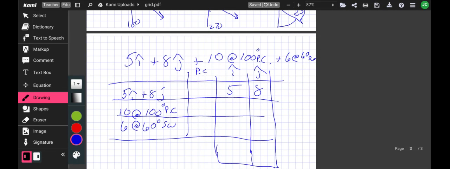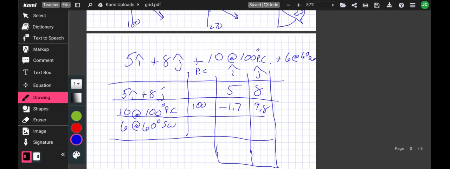The PC angle is 100. And so the i hat value is cosine. So 10 cosine 100, and I get negative 1.7. And then the next one is 10 sine 100. And in that one, I get 9.84 or 9.8.